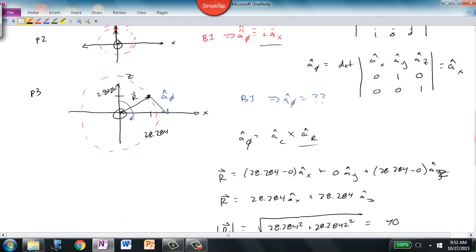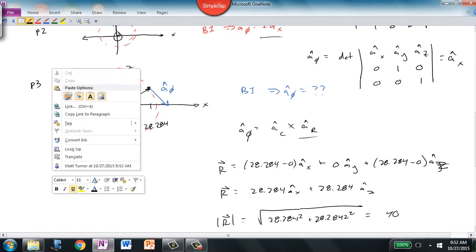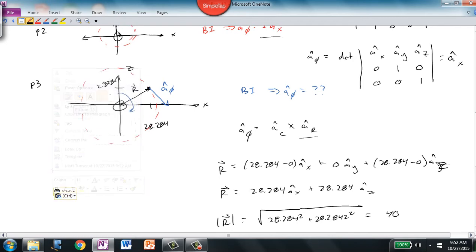So if we take that result and move it up here, what we see is that the magnetic field strength at this point is going to have some magnitude, and it's going to have a component that points in the negative z and the positive x. That's what we got by inspection, but that's as far as we could get.